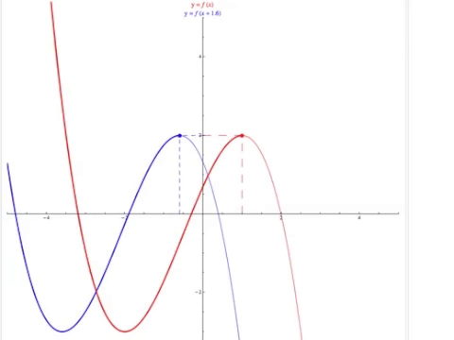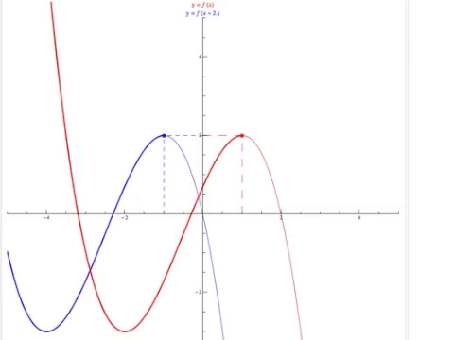So let me just try and get it to 2. There we go. I've now added 2 to x. The result is that the graph has moved 2 units to the left, parallel to the x-axis. So adding 2 to x results in a shift 2 units to the left, parallel to the x-axis.